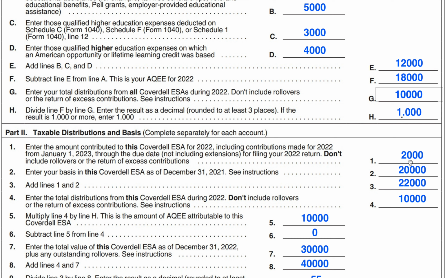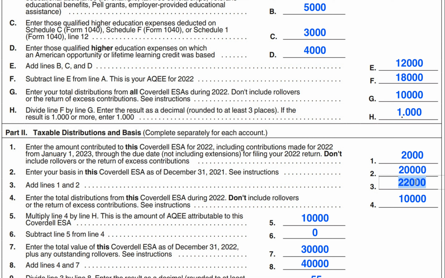So basis is nothing more than how much you've been putting in year after year for as long as you've had your account. This doesn't include any excess contributions. Obviously, this is the amount that you've been allowed. So if the ceiling is $2,000 a year, you've been contributing for 10 years, and then this year is year 11, you should have $22,000 as your basis.